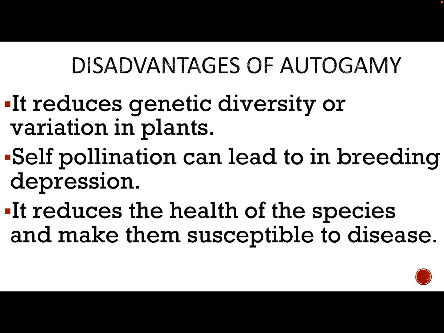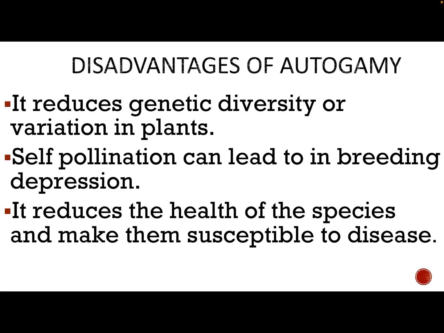So inbreeding depression will lead to disease, because when there is variation and any disease or pathogen comes, some plants will be affected more and some will be affected less. So when there is genetic variation, the effect of the pathogen can be minimized. But if there is no genetic variation, like in self-pollination or autogamy, and the pathogen is fatal, then all the plants will die.